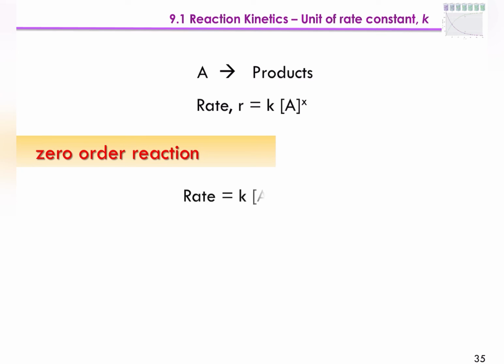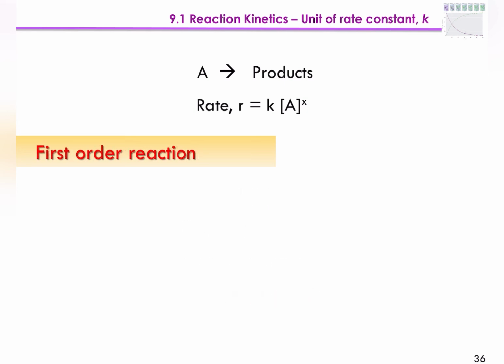You put x equals 0, and anything to the power of 0 equals 1. So rate equals k. The unit for k is equal to the unit of rate. Usually the unit for rate is concentration over time, so you have molar over time. That is the unit for a zero order reaction.